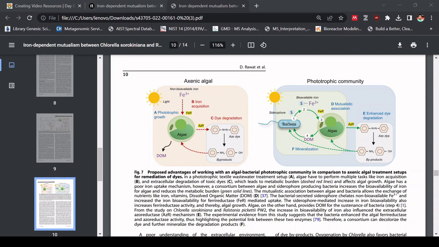So this becomes a challenge when we work in any sort of wastewater treatment facility, because microorganisms have to do these two tasks of surviving and also cleaning.